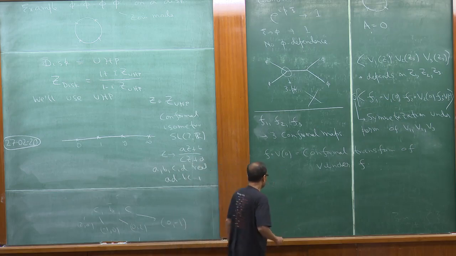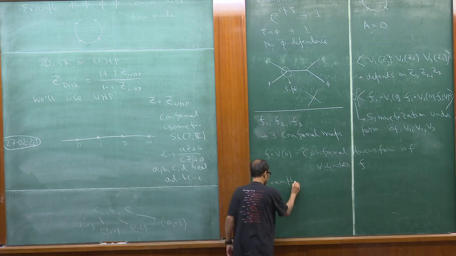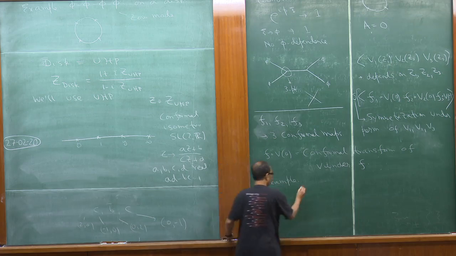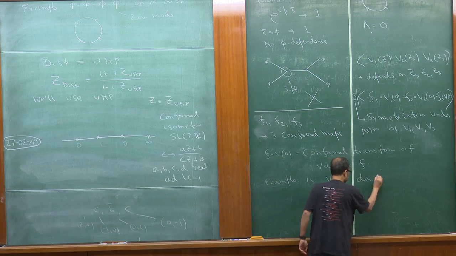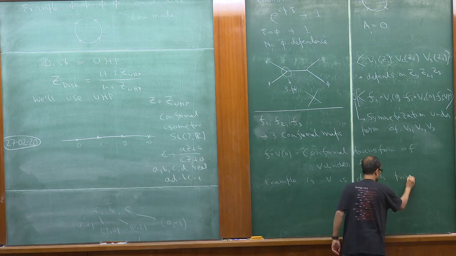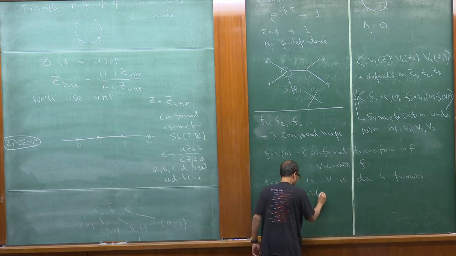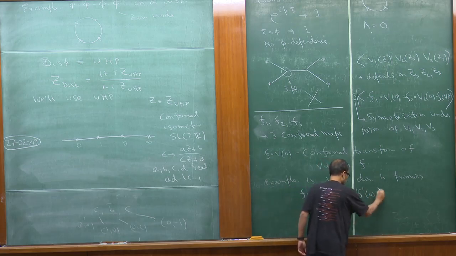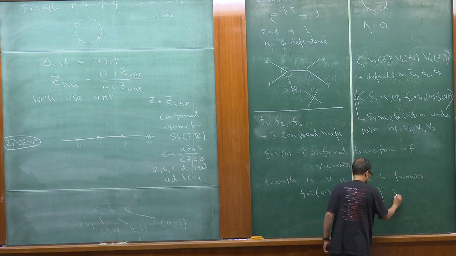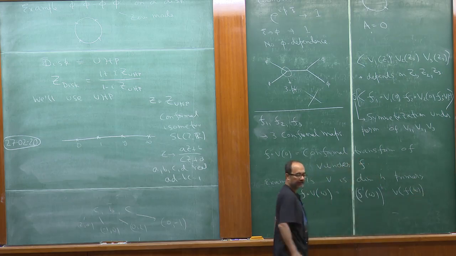Okay. So, for example, if V is a dimension h primary, then f dot V of w is f prime of w to the power h times V of f of w. This is the way a dimension h primary transforms.